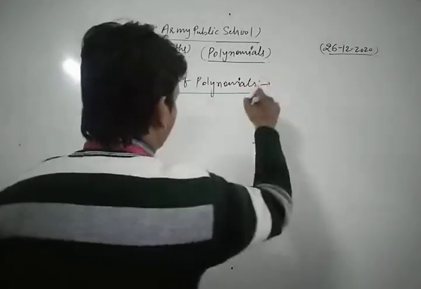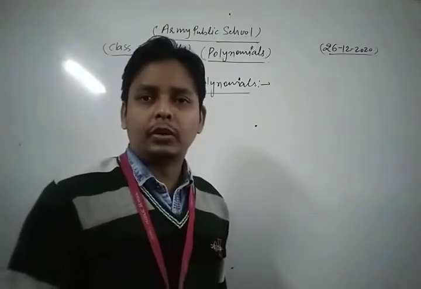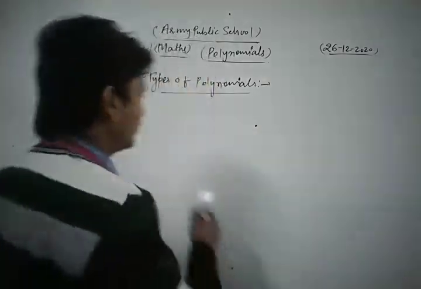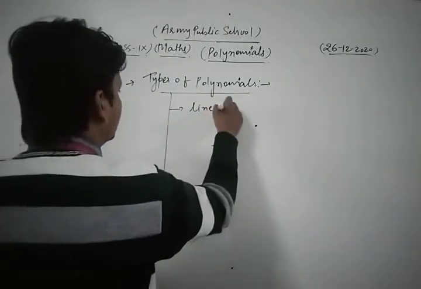Dear friends, on the basis of its degree, polynomials are categorized into 4 types. First one is linear polynomial.